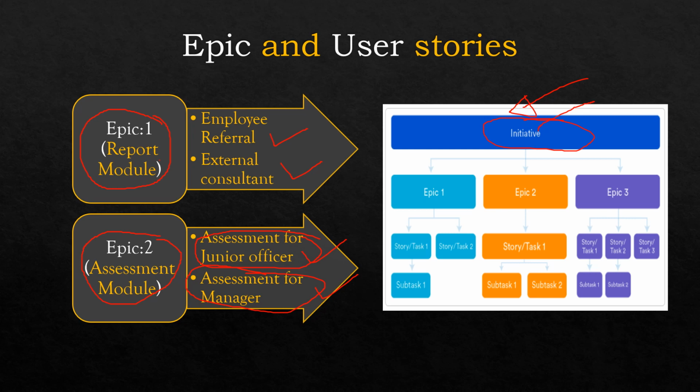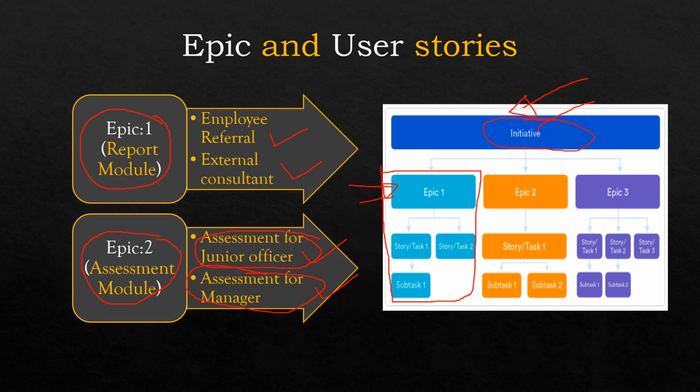If you check the diagram, epic 1, epic 2 and epic 3 are decomposed further into stories or tasks. Stories can be further broken down into subtasks 1, 2, 3. Basically, one epic may contain a predictive model inside. Let's say we have to plan, design, build, then test, and then release.